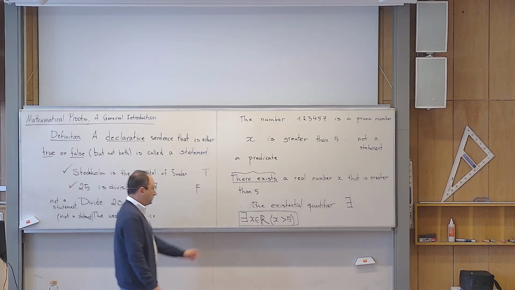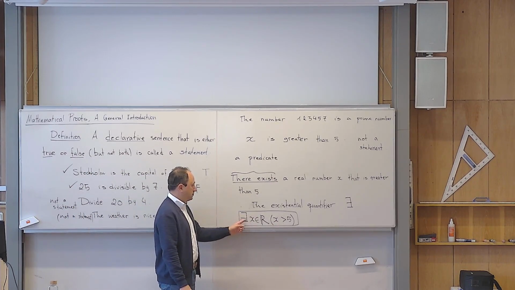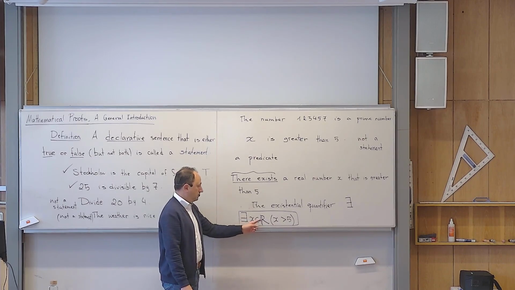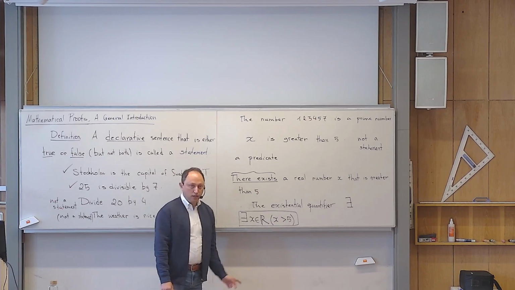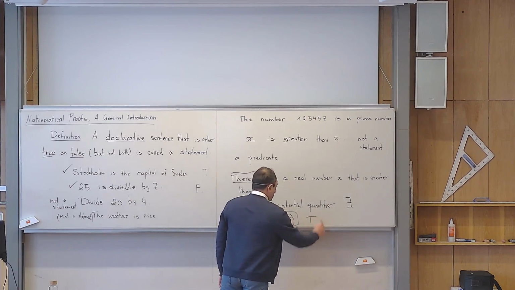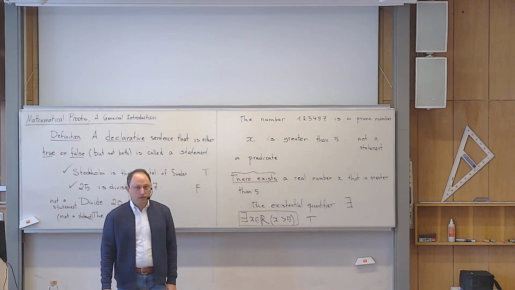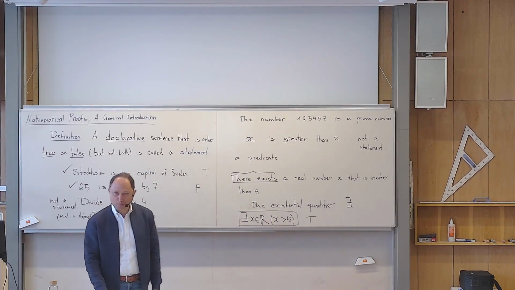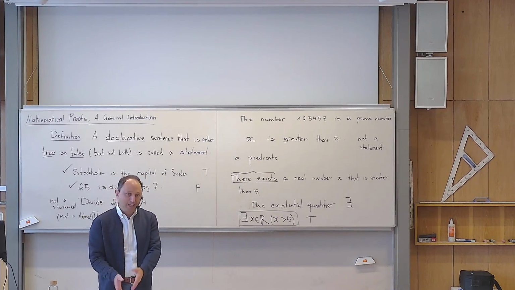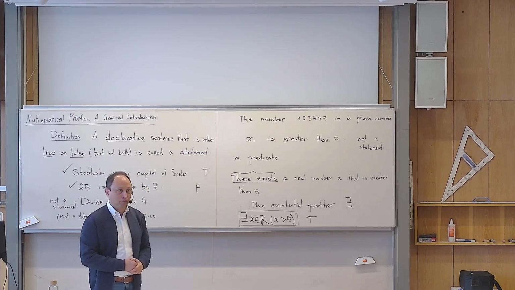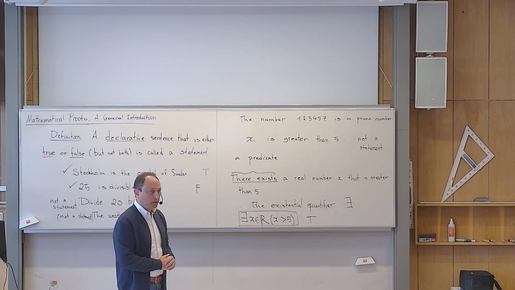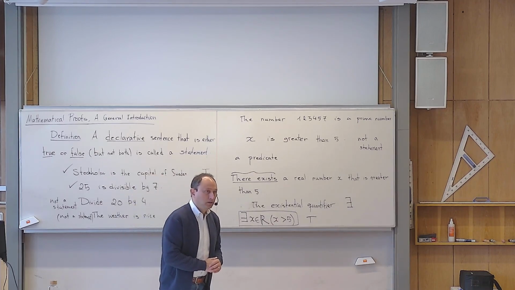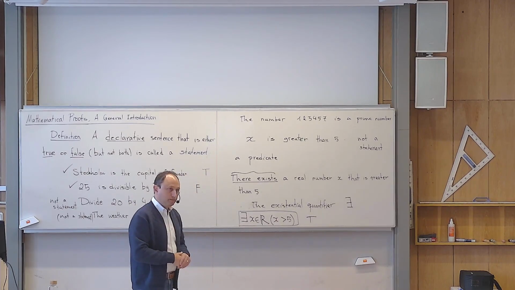This symbol means there exists x in the set of real numbers such that x is greater than 5. In this case, it's a true statement. If I ask you why, you should bring me an example. You should prove the existence of the claim. Do we have to use those symbols ourselves? Try to use them.